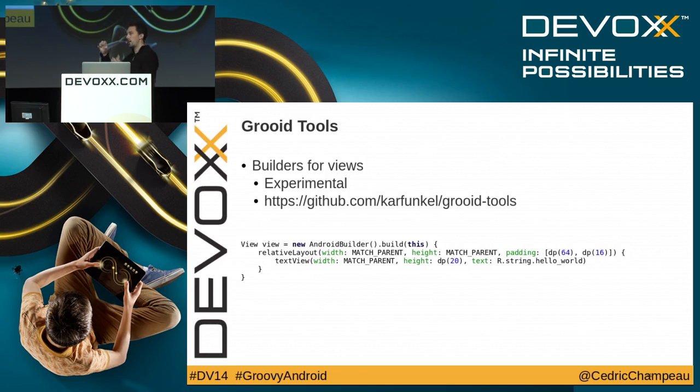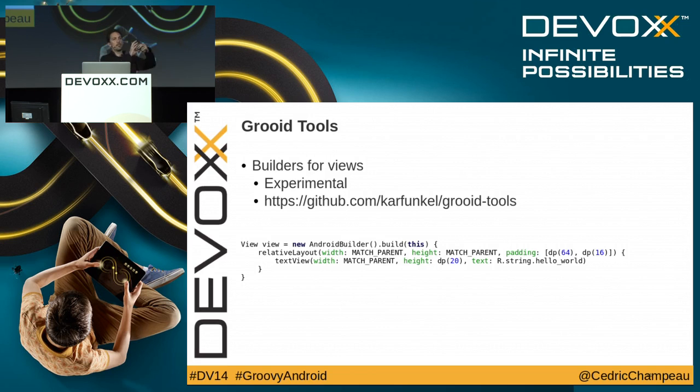The idea is that you have a hierarchical data structure to build. This is a typical case with the UI. You have a view that embeds other views. You have a tree of view elements. And builders are very powerful to build that. So you can create an Android builder, and then you can say, okay, relative layout with the width, the height, etc., the padding, and inside that view, I will find a text view, etc.